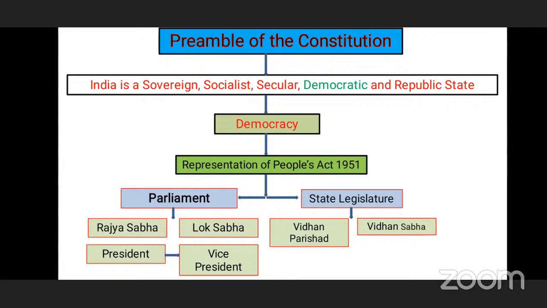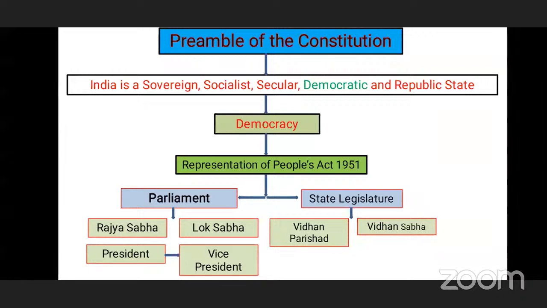In the last lesson, we discussed the making of independent India's constitution. In that lesson, we understood what the Constituent Assembly is. It appointed a drafting committee to prepare our Indian constitution.